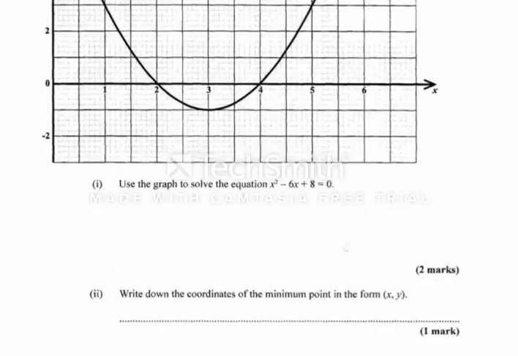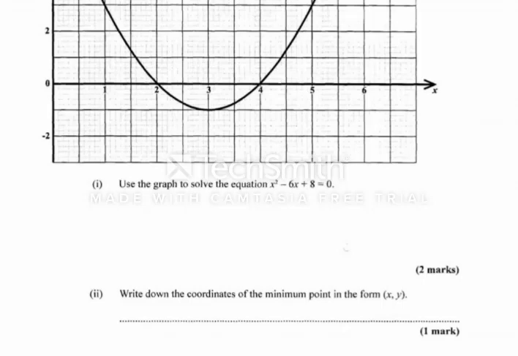The first thing we're asked to do is to use the graph to solve the equation x squared minus 6x plus 8 is equal to 0.